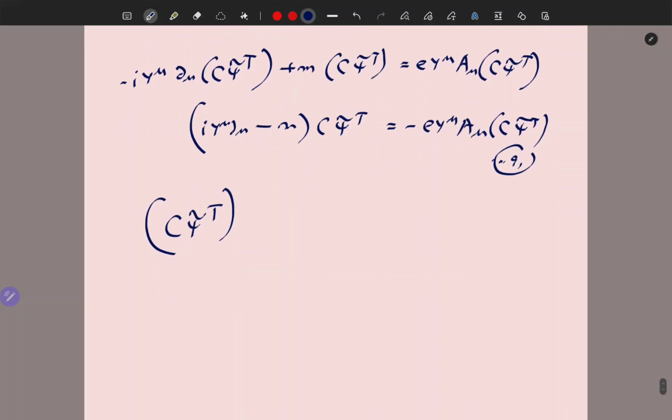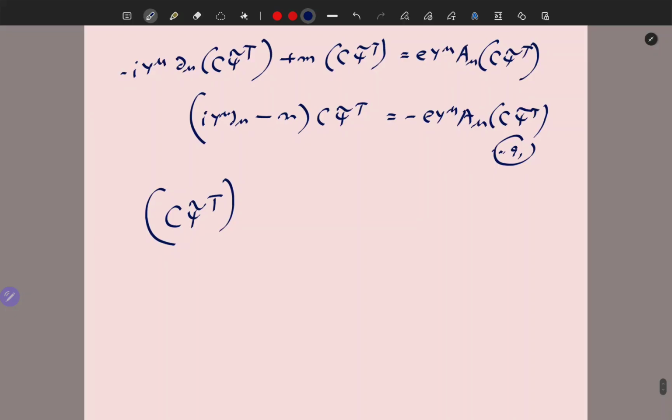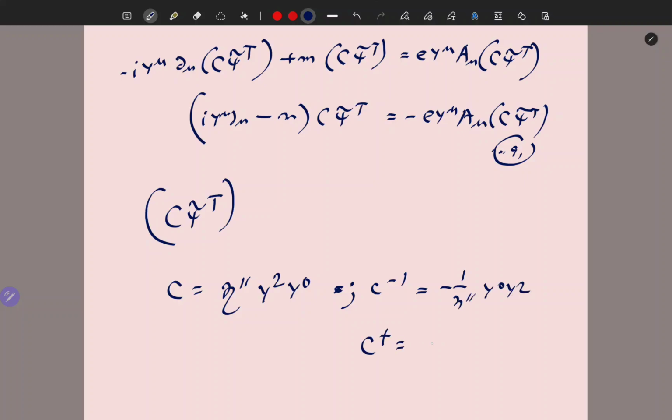A matrix satisfying equation 93 can be taken to be C equal to eta double prime gamma 2 gamma 0, and C inverse equal to minus eta double prime gamma 0 gamma 2, and C dagger equal to minus eta double prime star, which is the complex conjugate, gamma 0 gamma 2. This is equation 96.